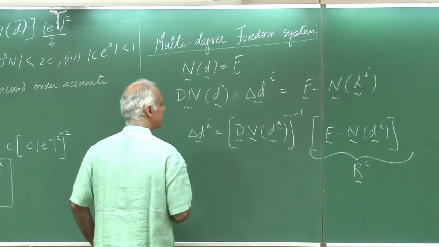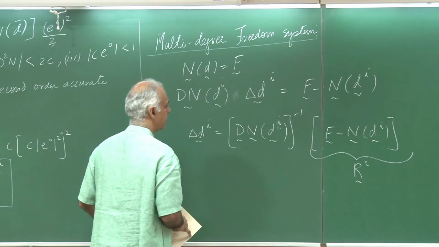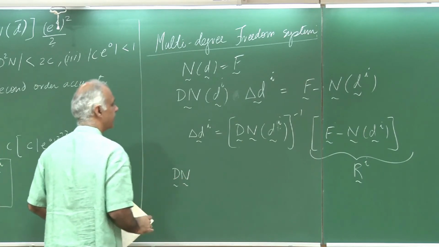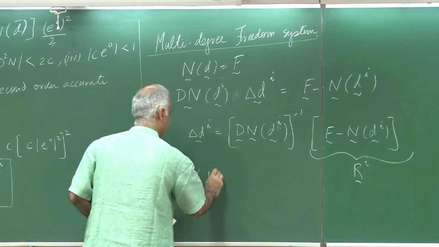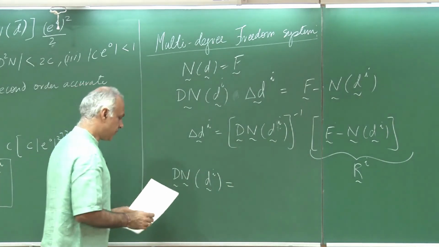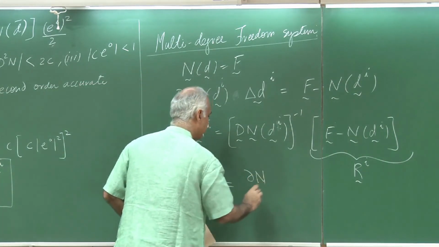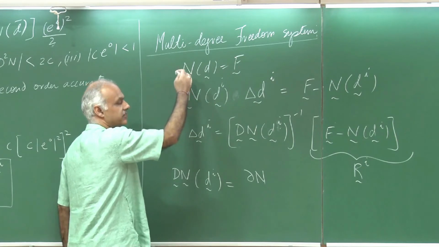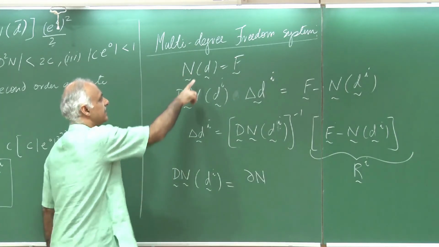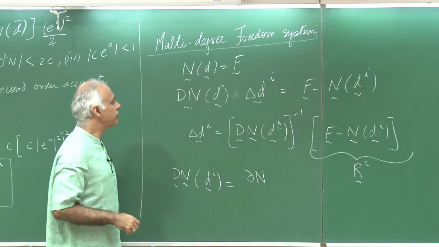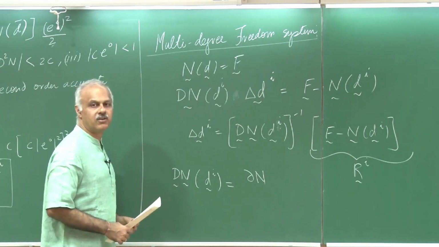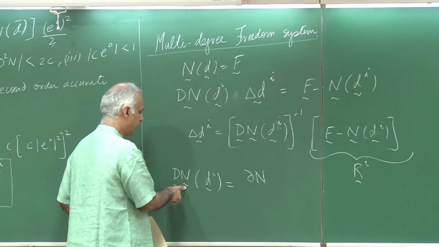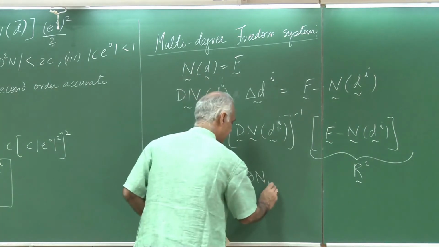And the interpretation of this matrix is quite interesting, because this is now a square matrix. So dN of d_i is going to be a partial derivative. So remember, N is a vector operator. So I could have several equations, and it has a vector unknown. So hopefully the number of equations and the number of unknowns that I have, they are equal eventually. This particular derivative I can write in terms of p and q, as we have seen before.